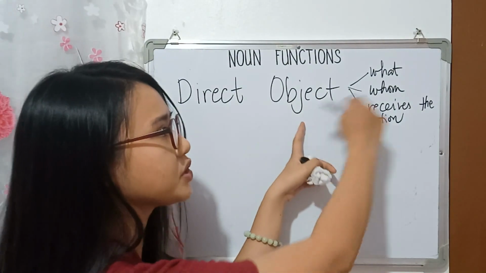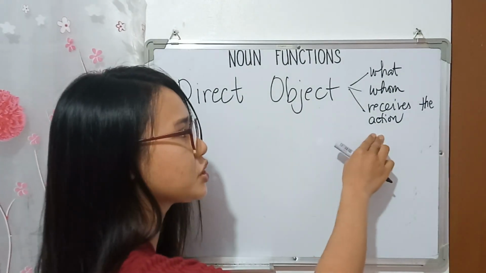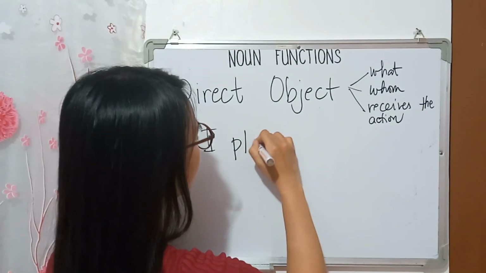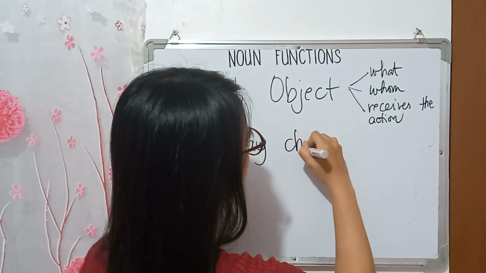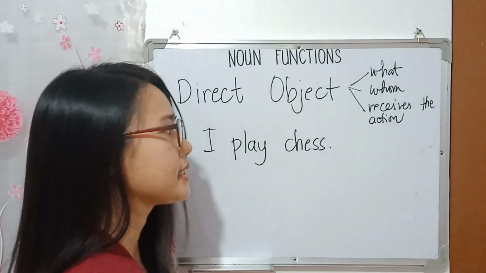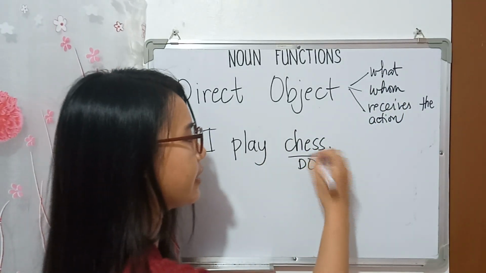It answers the question what or whom after the verb, and it receives the action done by the subject. Example. I play chess. I play what? Chess. This is the direct object.